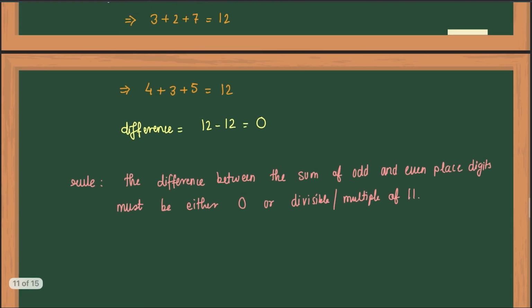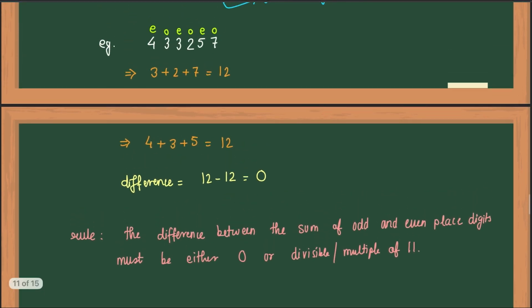So what we have got over here, the difference is 0. What does it mean? That this number is also divisible by 11. So we can say that this whole number is divisible by 11. This is the concept with respect to 11. And many a times students tend to forget this portion. So I would suggest that you keep your focus well maintained regarding 11.